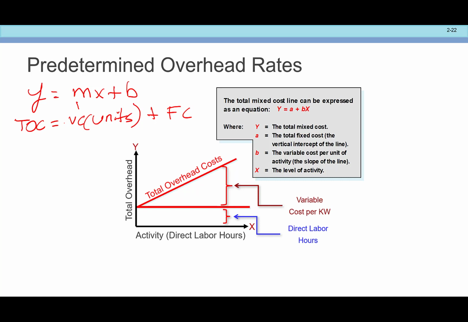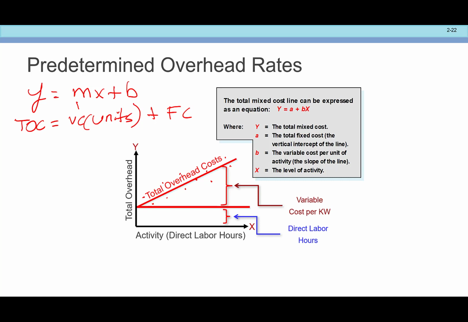Even though the data points may not line up exactly along this line, maybe one will be on there, maybe even not one. What regression analysis does is it takes these data points and maps them to a line.